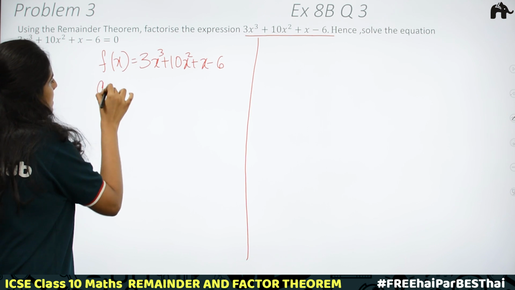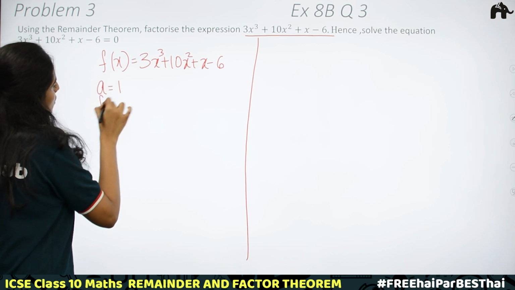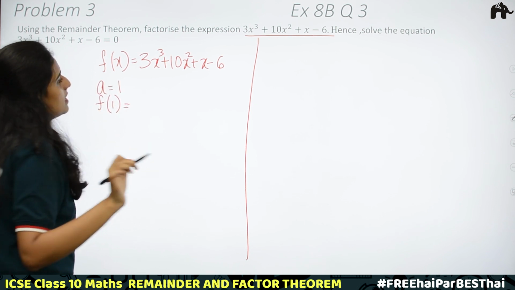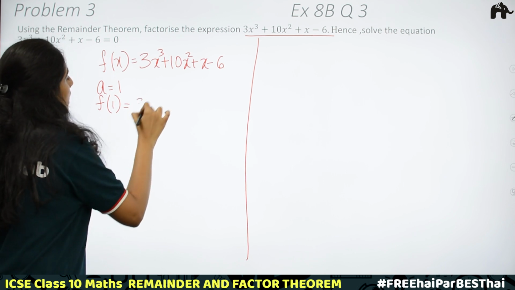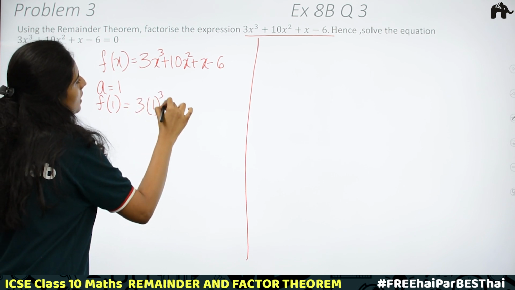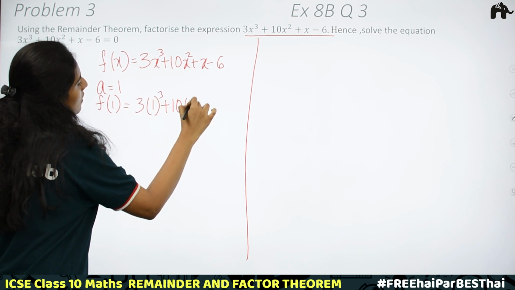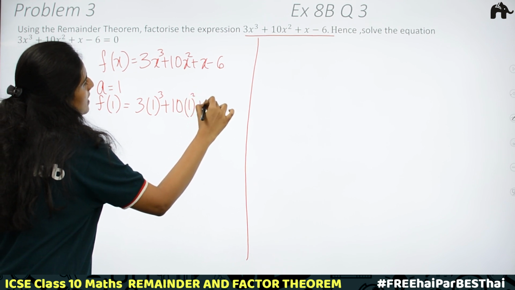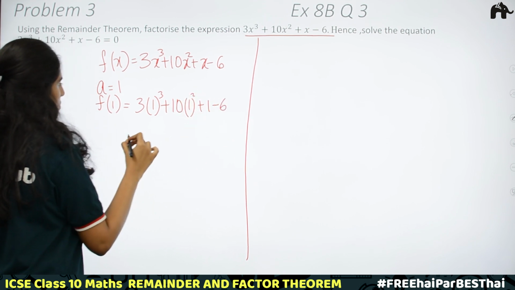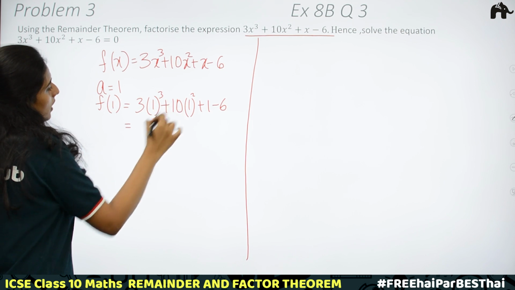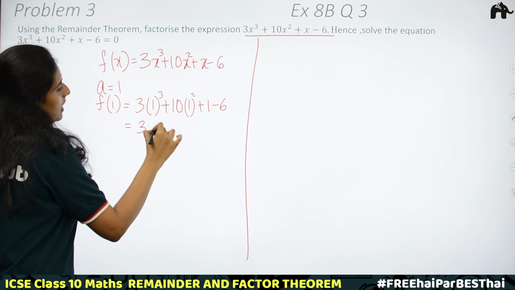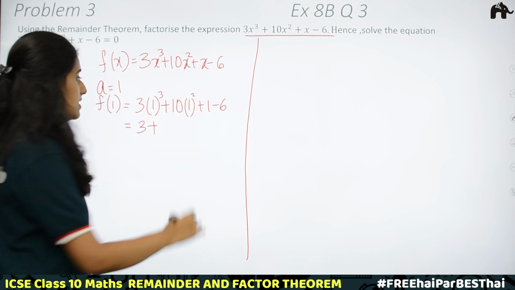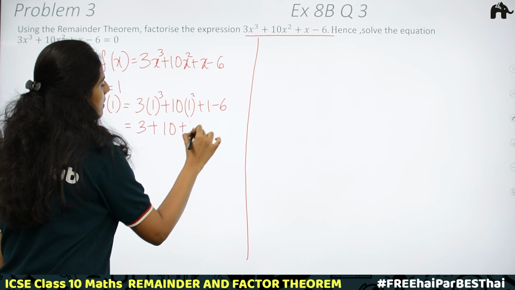When I put a is equal to 1, what is f of 1? F of 1 is equal to 3 into 1 cube plus 10 into 1 square plus 1 minus 6. That is equal to 3 into 1 cube is 3 plus 10 into 1 square is 10 plus 1 minus 6.